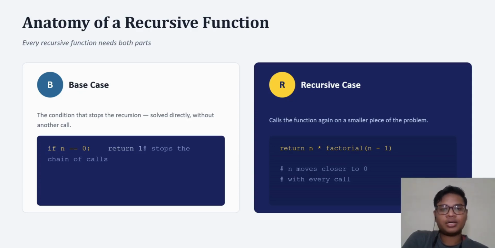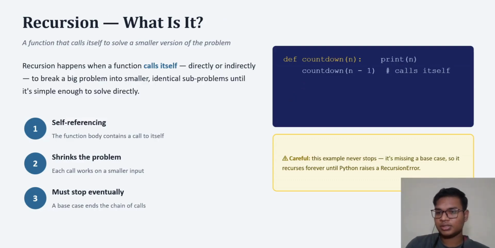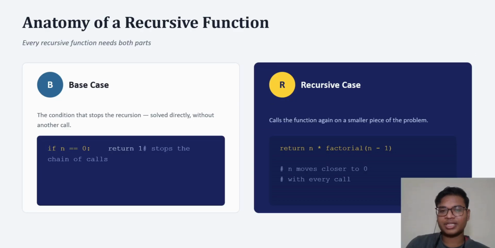In a recursive function, you always have to put a base case. Without a base case, the function gives us an error known as a recursion error. It also recurses forever, the function is running all the time. That's the problem, so we always have to put a base case.